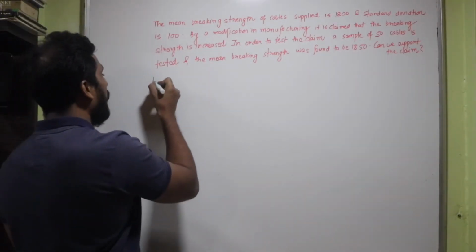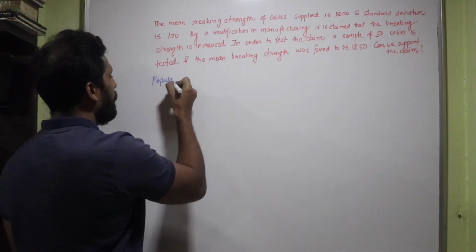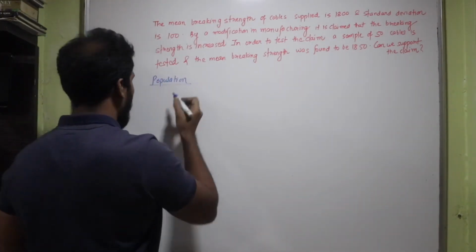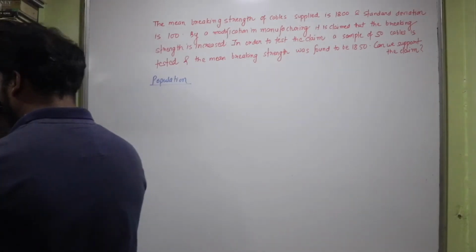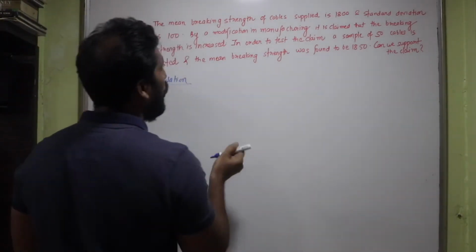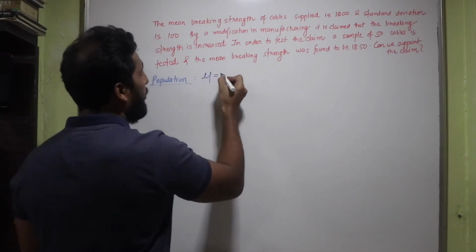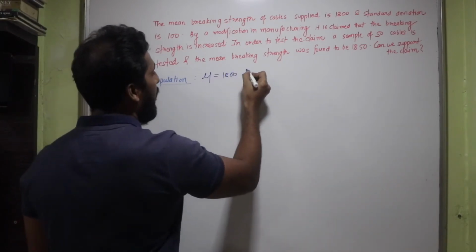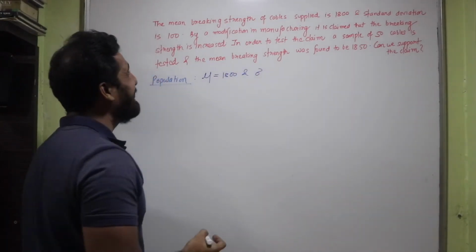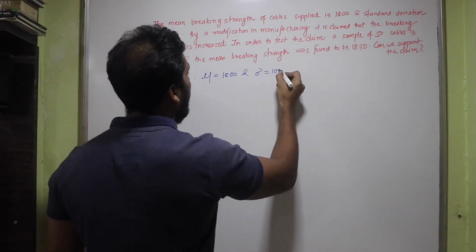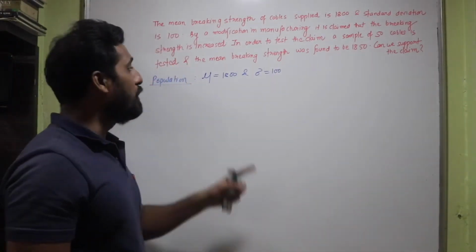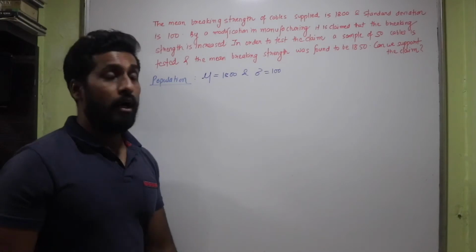So for the population, what is given to us? For the population, it is told to us that the mean, that is mu, is 1800, and the standard deviation, which is sigma, is given to us 100, isn't it? So mu is 1800 and sigma is 100.